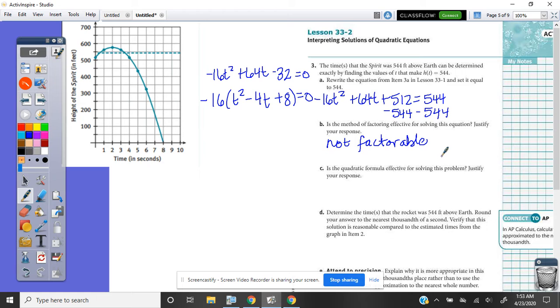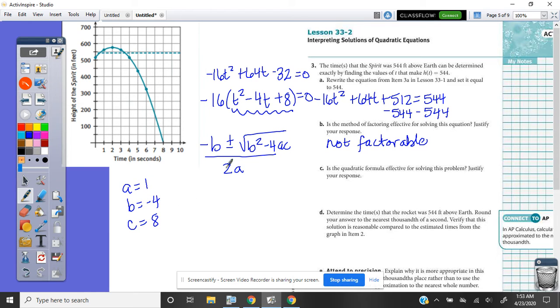Is the quadratic function or quadratic formula effective for solving this problem? So quadratic formula, all right, so I'm using this function here. So a is 1, b is negative 4, and c is 8.